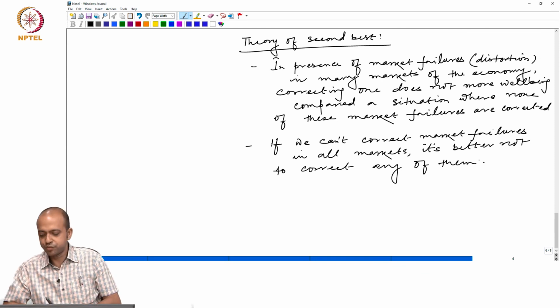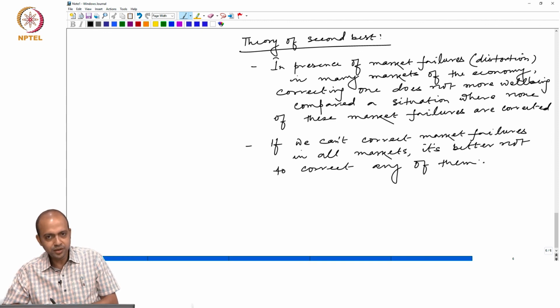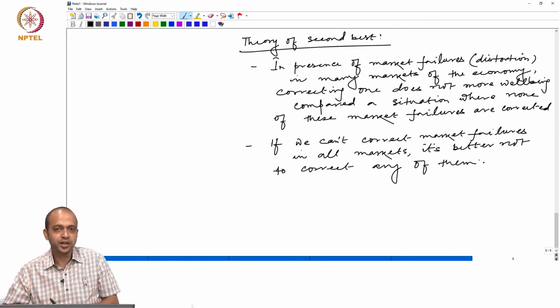This is called theory of second best. Okay? In presence of market failure in so many markets, it is better not to correct any of them if you cannot correct them all, right? That is called theory of second best.